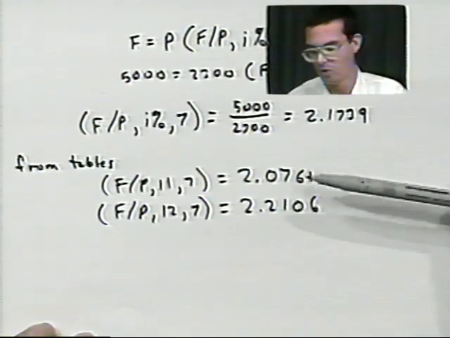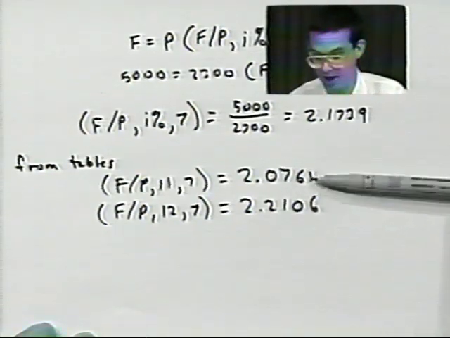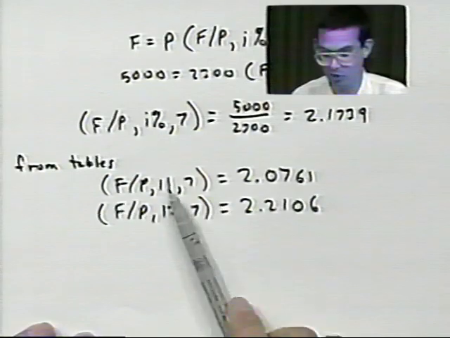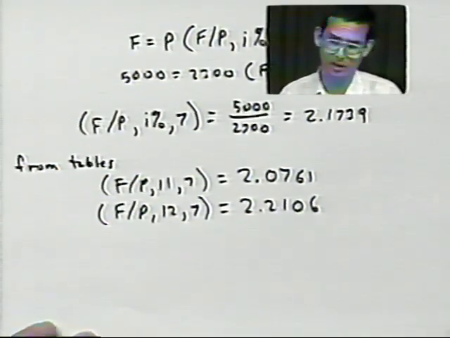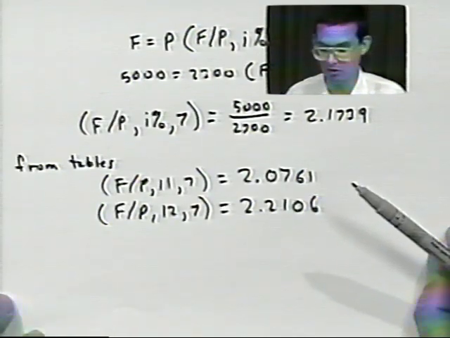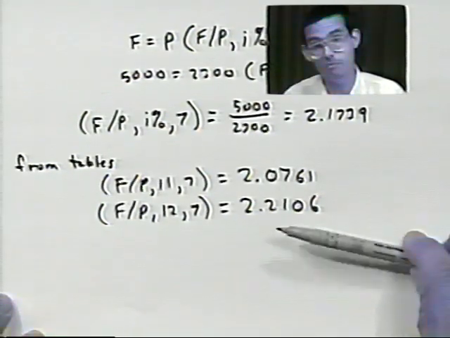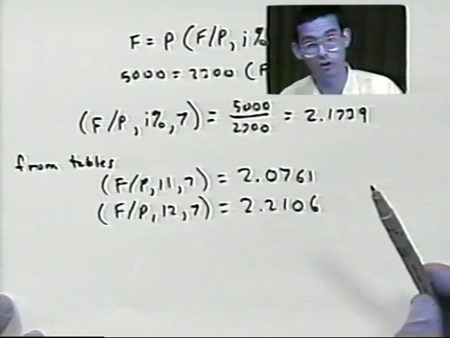So just by observation, we can see that the desired interest rate is somewhere between 11 and 12. Perhaps for one particular purpose that might be sufficient information. But if we want more information than that, we can use linear interpolation.